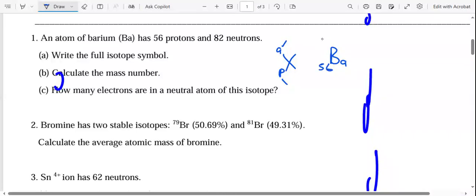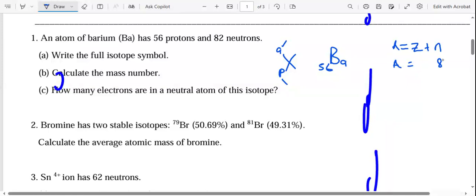Then now we need to find the mass, or you can just go on the periodic table and check. But in this case, we know the formula: mass is equal to Z plus N. So in short, we add the protons plus the neutrons.